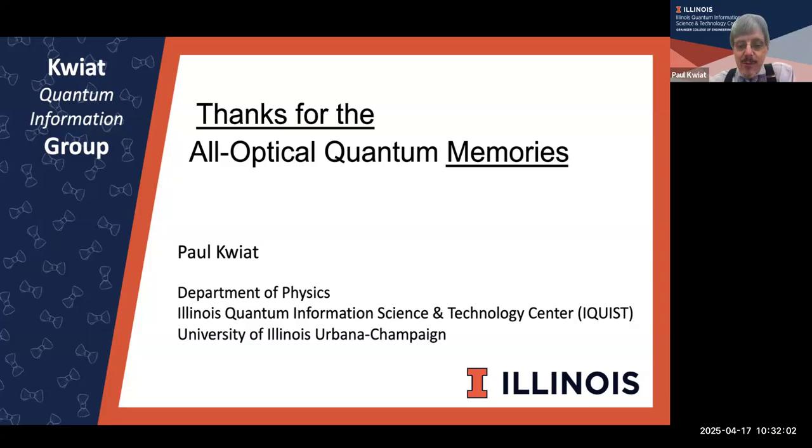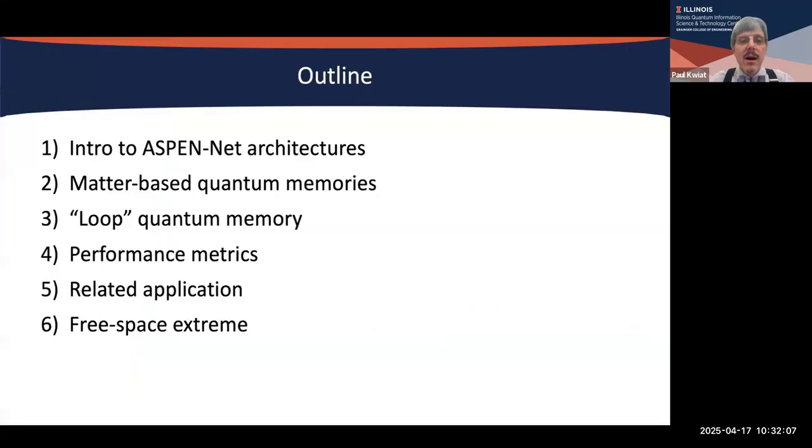So I can basically not spend much time on the ASPEN Net architectures other than to indicate where we need the memories, and then I will talk a little bit about competing ways of achieving what we need to do, and then this free space approach that we've been following and how that's been working. And if there's time, just a quick demonstration of something that we've done that's related to what we need to do here anyway, to show that the basic principle seems pretty sound.